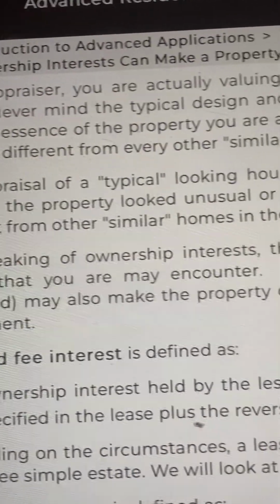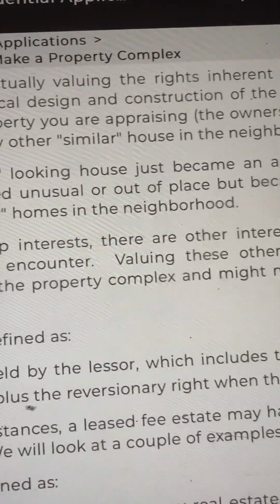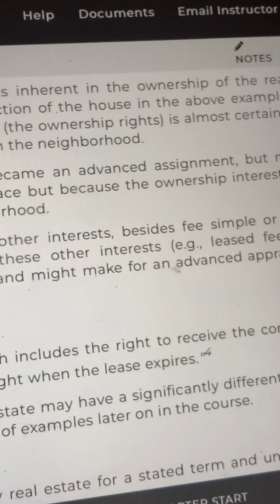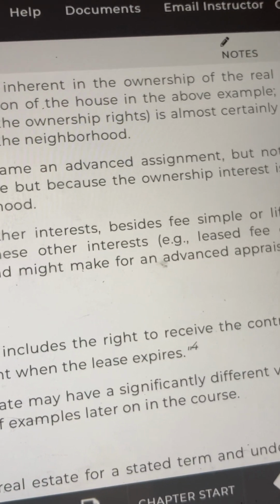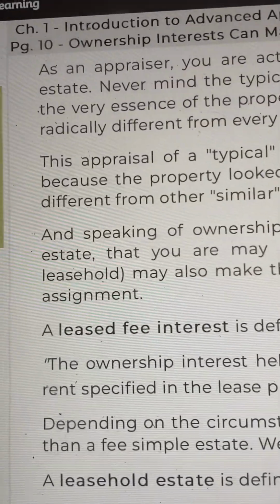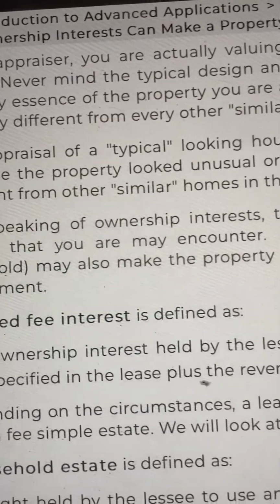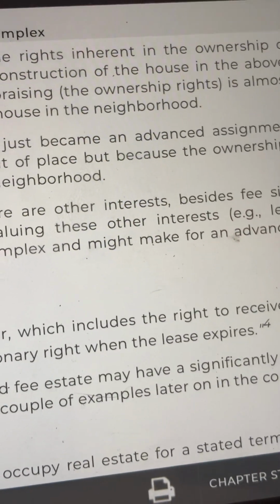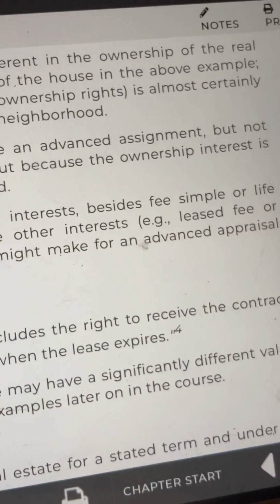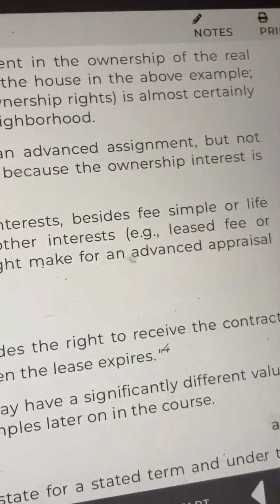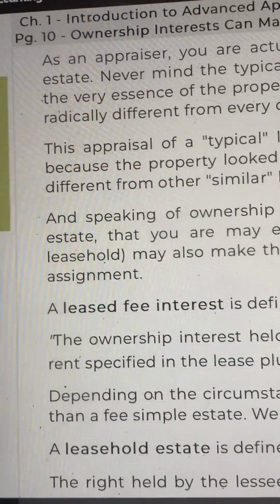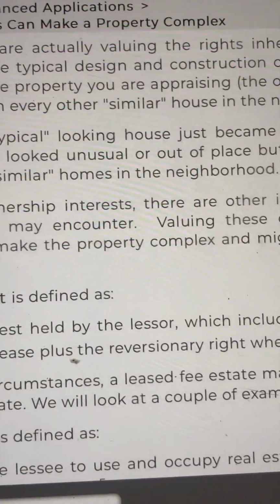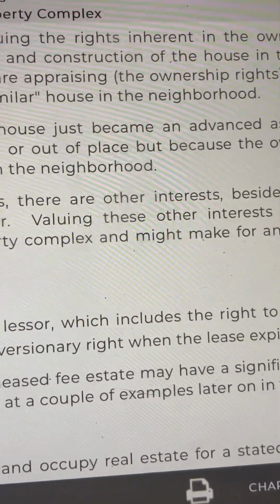Never mind the typical design and construction of the house in the above example. The very essence of the property you are appraising, the ownership rights, is almost certainly radically different from every other similar house in the neighborhood.